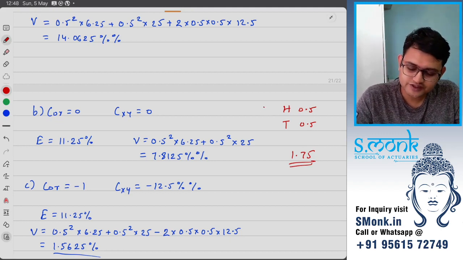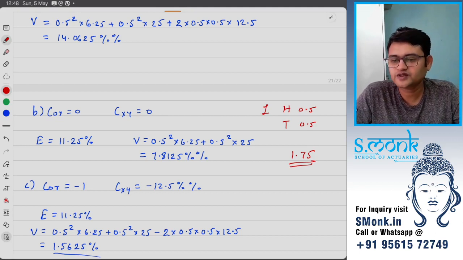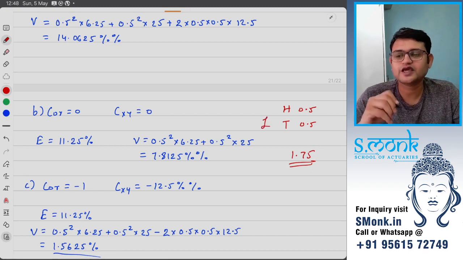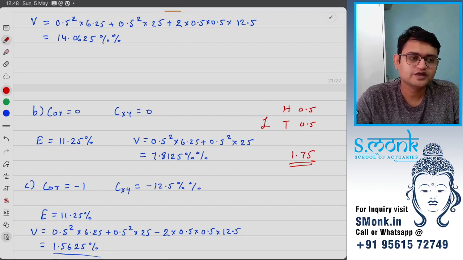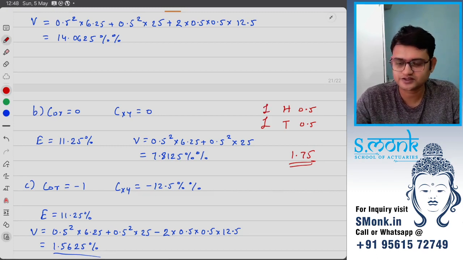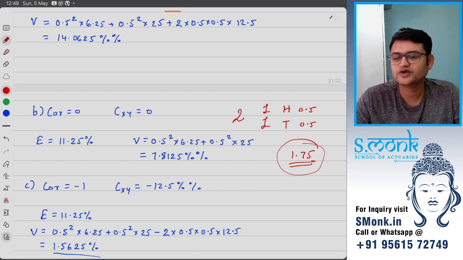So if you just invest in heads and win, you will win 1.75. Or if you just invest in tails and win, you are going to win 1.75. But if you invest in both heads and tails, you have invested 2 rupees and you are going to win only 1.75. So clearly you are at a loss.